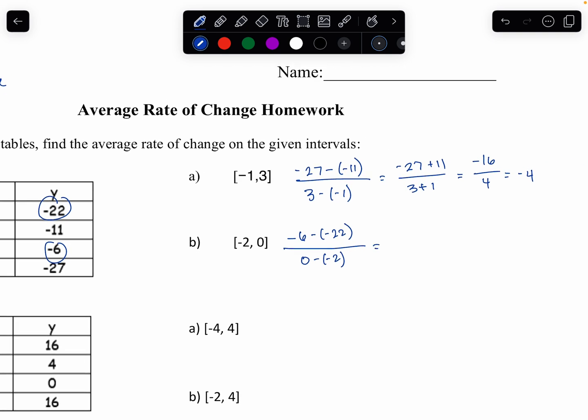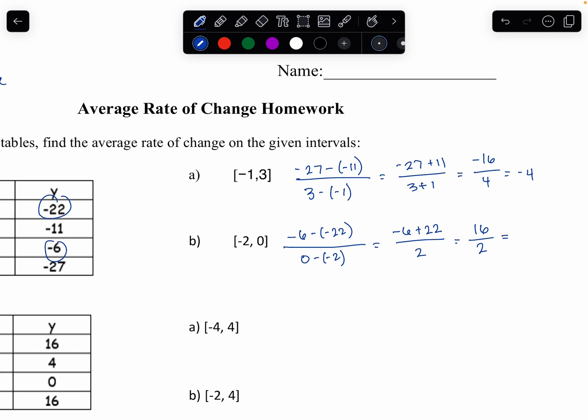That's going to be equal to -6 plus 22 over +2. So 22 minus 6 is going to be +16, right? Over 2. So this is going to be an average rate of change of 8.